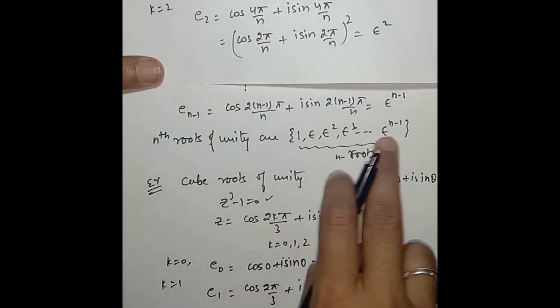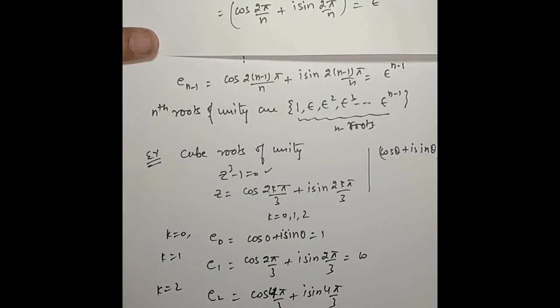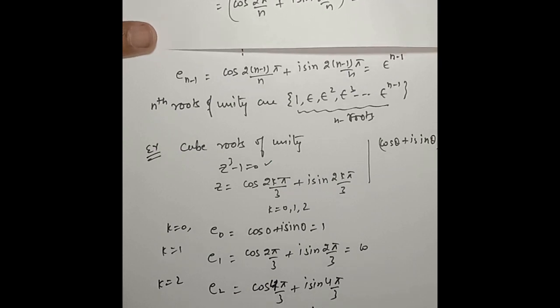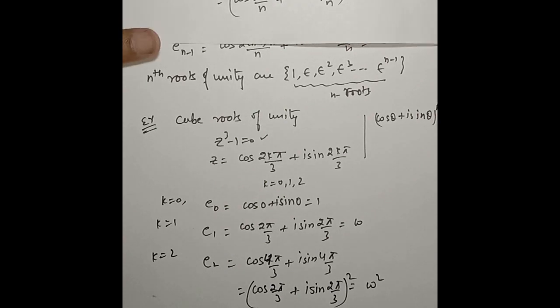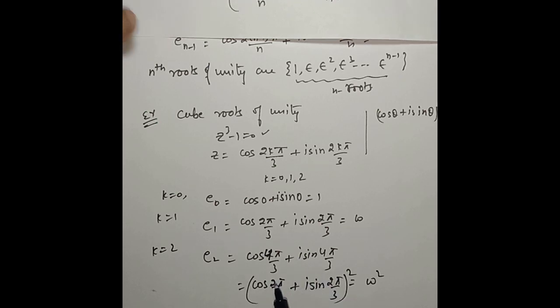By this relation, or we can also check (cos 2π/3 plus i sin 2π/3) to the whole power 2, that means omega square. And we know that omega cube is 1, because for k equal to 3.